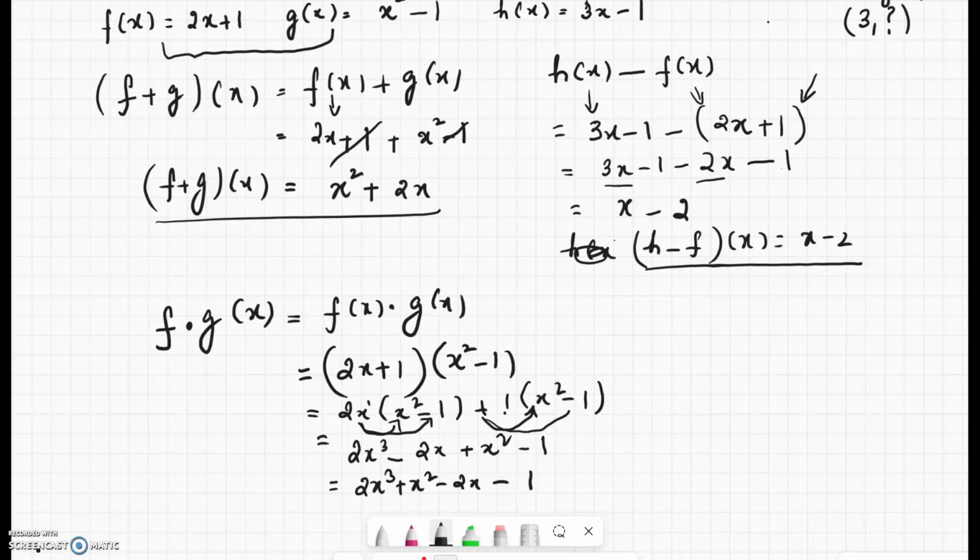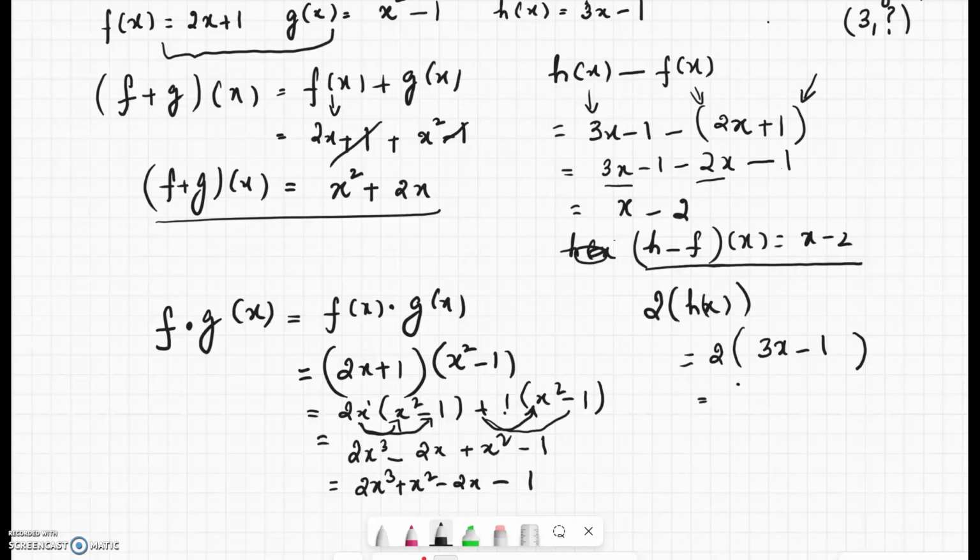And if I want to go 2 times h of x, I want to find out what happens to the function when I multiply it with 2. So remember, parentheses are important. You have to multiply the entire equation by 2.